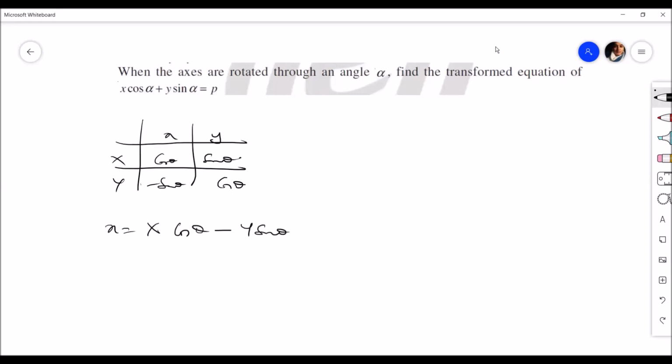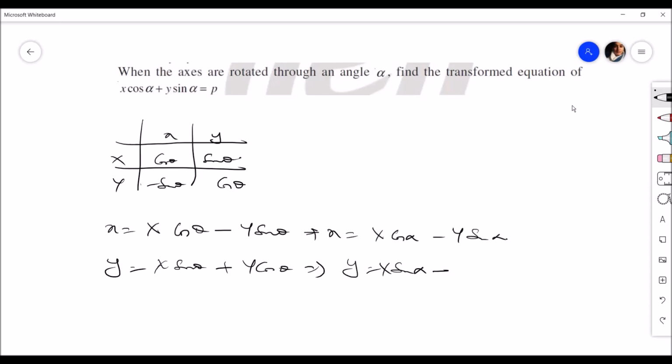So clearly the angle is alpha. So small x will be equal to capital X cos alpha minus capital Y sin alpha. Similarly, y will be equal to capital X sin theta plus capital Y cos theta, which gives me small y is equal to capital X sin alpha plus capital Y cos alpha.